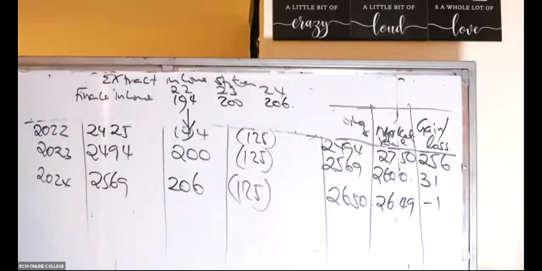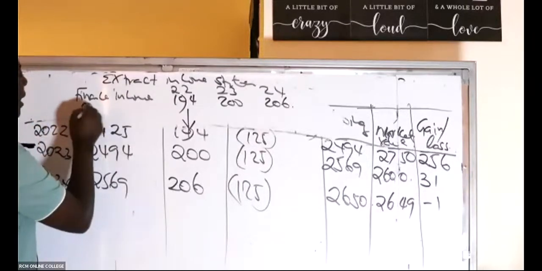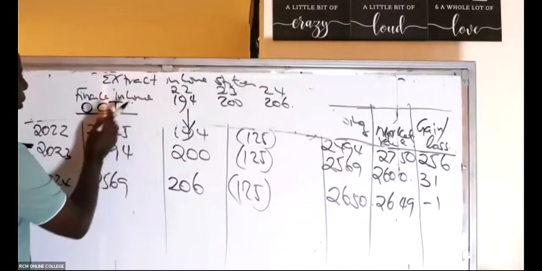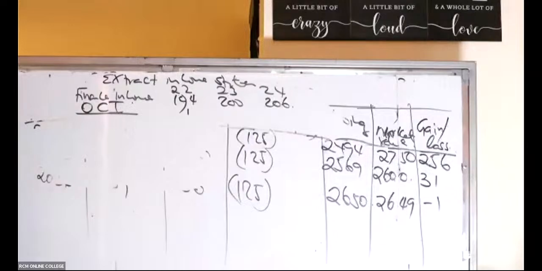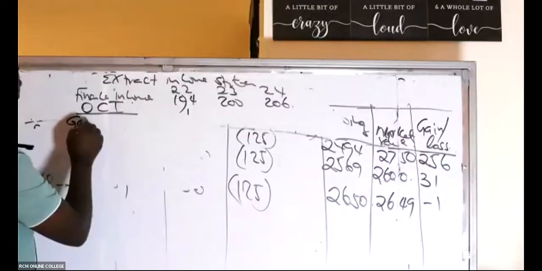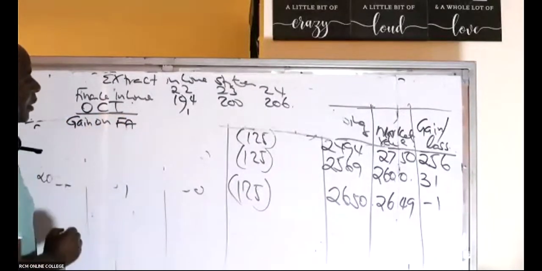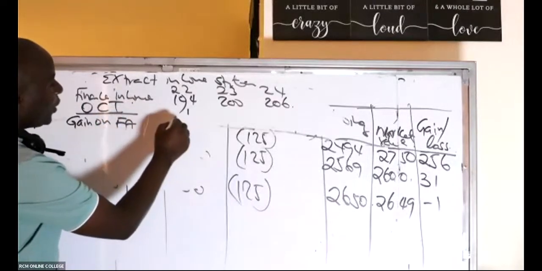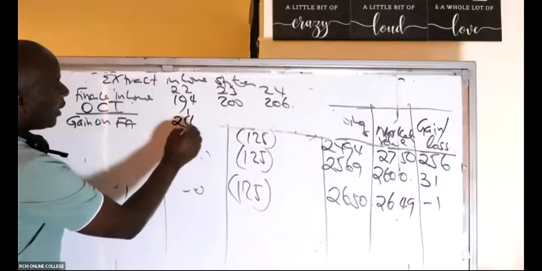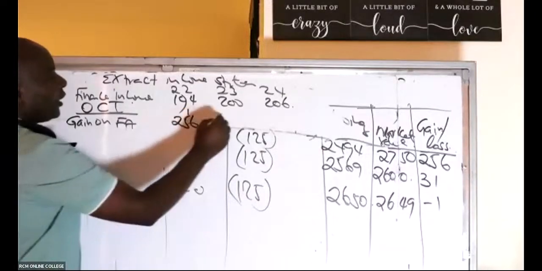And then the other fair values will go to what we call other comprehensive income, the fair value gains or losses. So in this case, you come and give us OCI. In the OCI, you'll be able to book your gain. So we have gain on financial assets, of which there are two: the first gain is 256 in year one, and in year two the gain is 31.